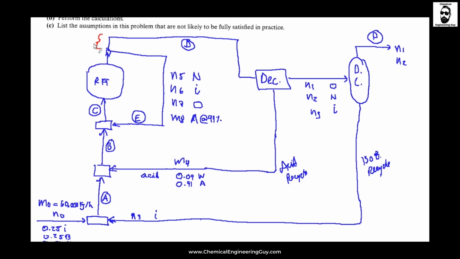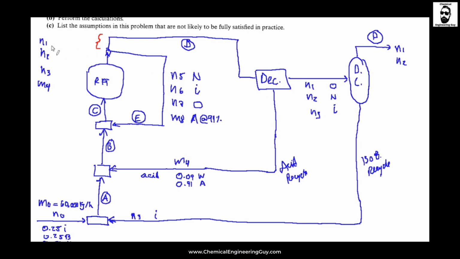And now let's focus on letter D, which is stream D, which will be N1, N2, N3, and mass 4. So look how exactly the same this N1 is. If you have done a mass balance in here, you know that N1, which is the amount of octane that goes inside, is the same that goes outside.